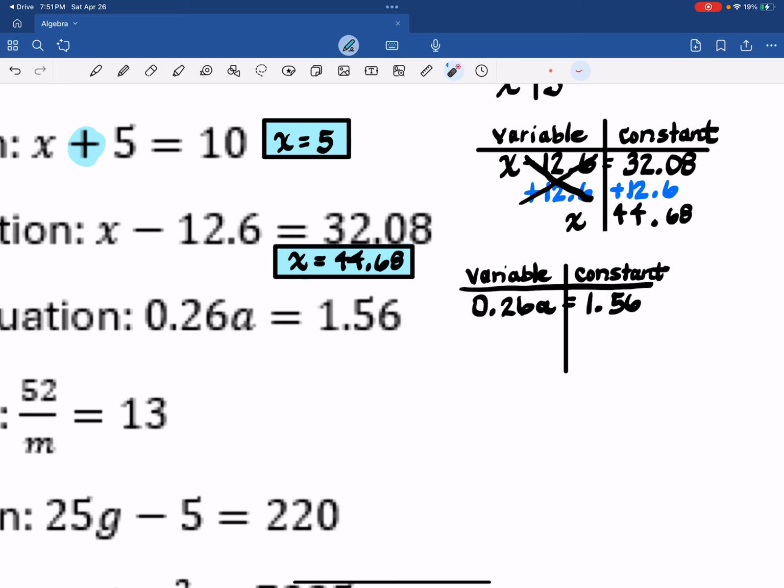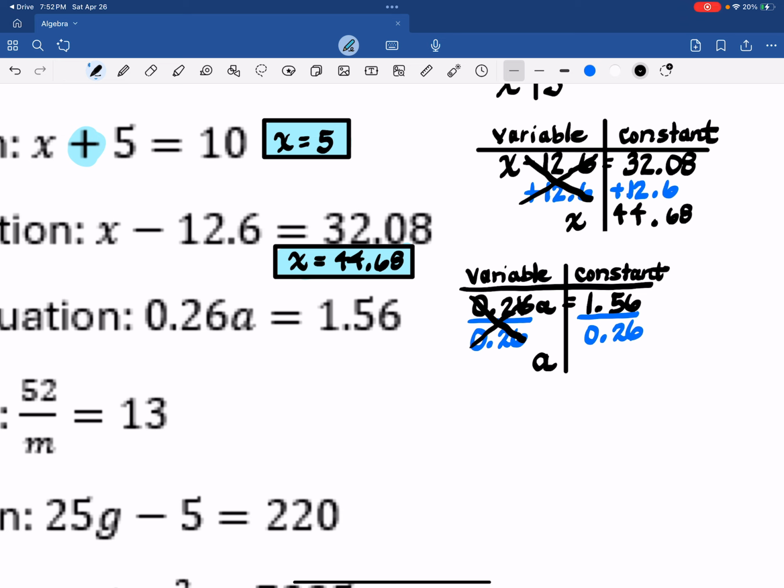And ask yourself, who's on the wrong team? A is a variable. It can stay on this team, but the 0.26 has to go to the other team. And it's going to go by the inverse. That's the only way you can do this. So we're going to divide this side by the 0.26, and we're going to divide this side by the 0.26. And every step of the way, I have to cancel or something's wrong.